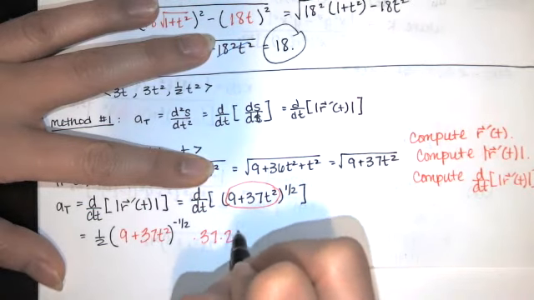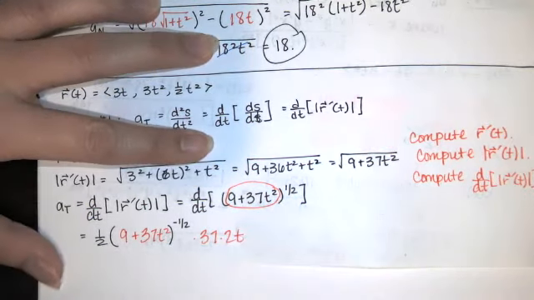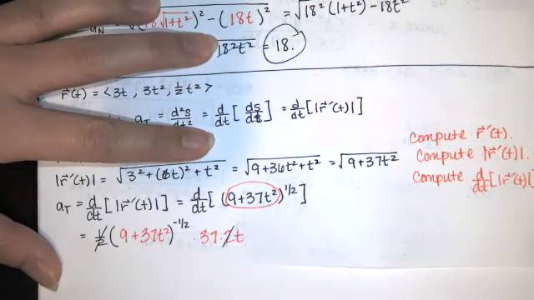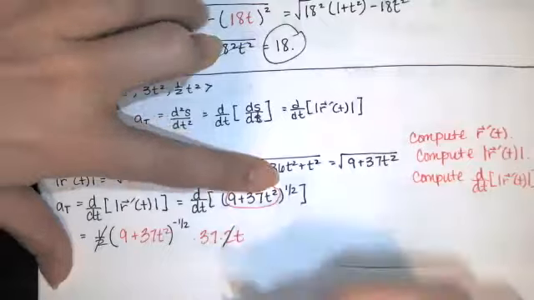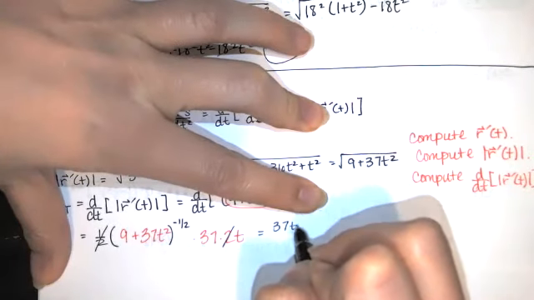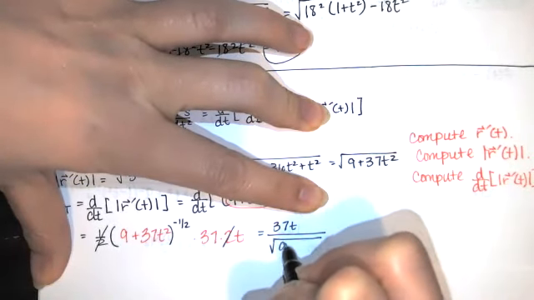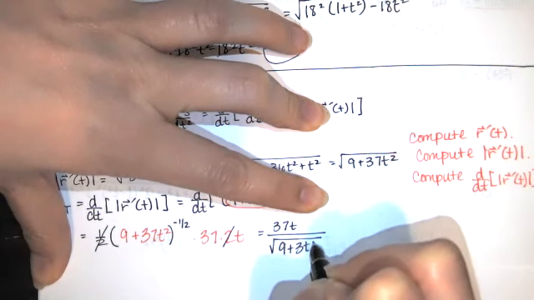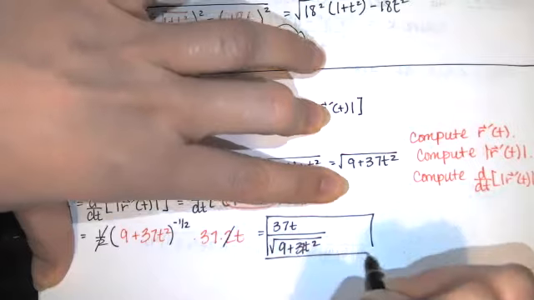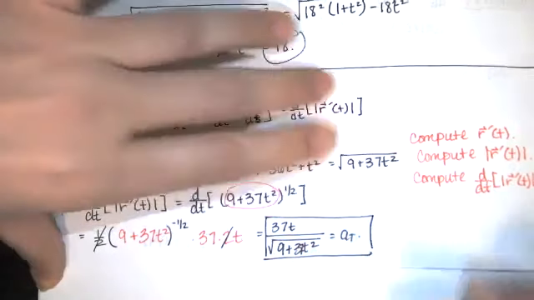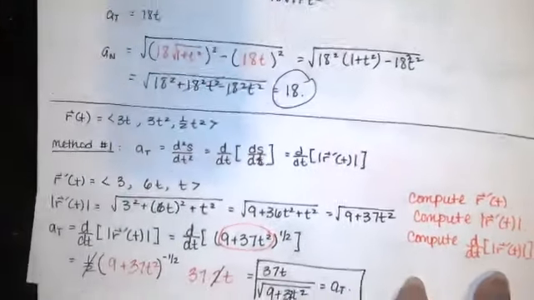You're going to get 37 times 2t. And I didn't simplify that because I knew that the 2 and the 1/2 would reduce. And so what we get is 37t over the square root of 9 plus 37t squared, as our a sub t.